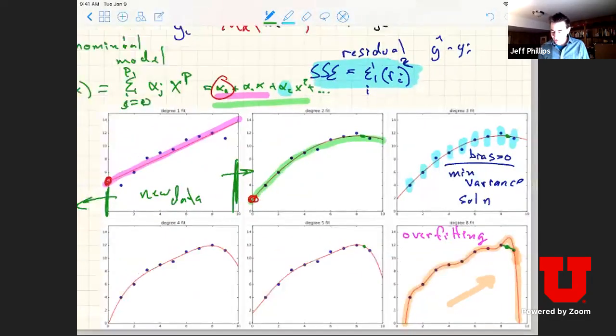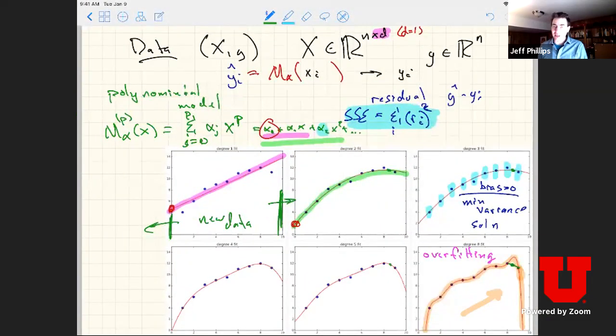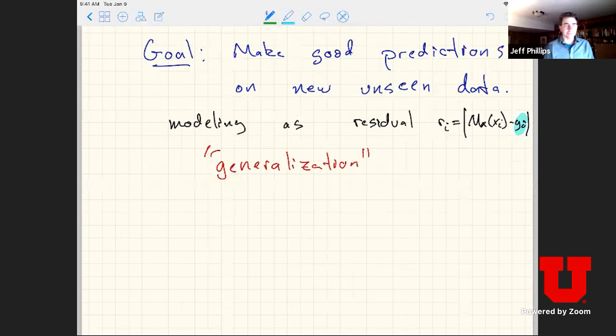So that's a good indication it might not be generalizing well onto new data. This is what we'd like to do.